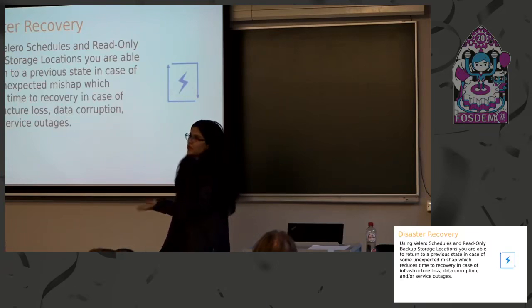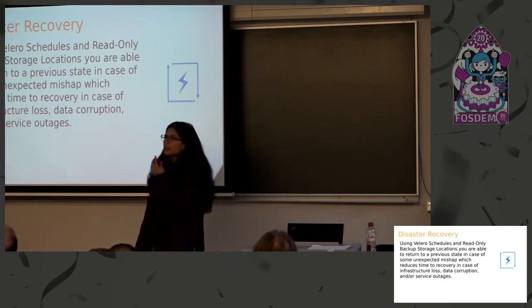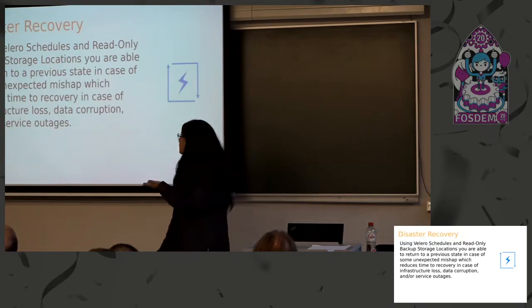At the time of restore also, you can filter, saying I don't want three namespaces to be restored, I just want one of them, or I don't want this particular resource. You can use a label selector for that. Restore also uses the same snapshot location, which you can mention in the velero restore command.